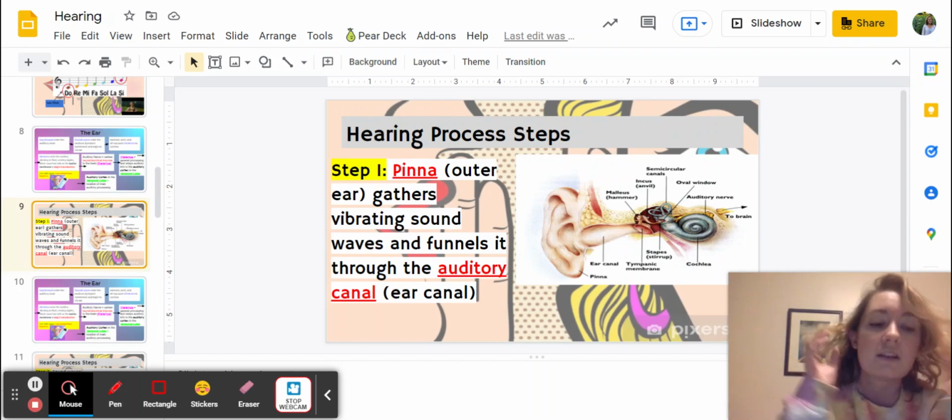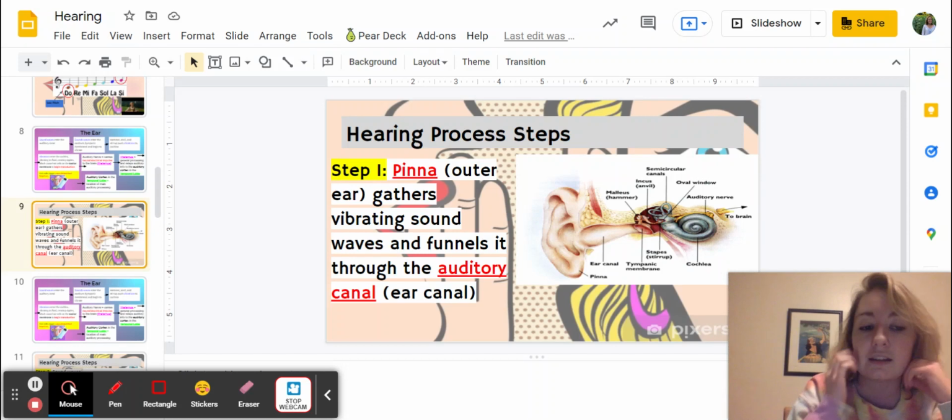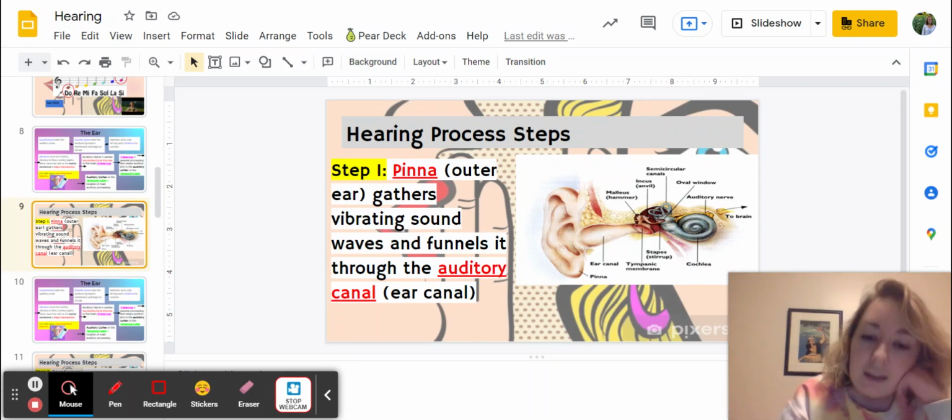It's going to gather sound in to get it into the ear. So the pinna gathers those sounds and acts as a little funnel, and then sends it into the auditory canal, this long tunnel whose function is to get it into the middle ear.